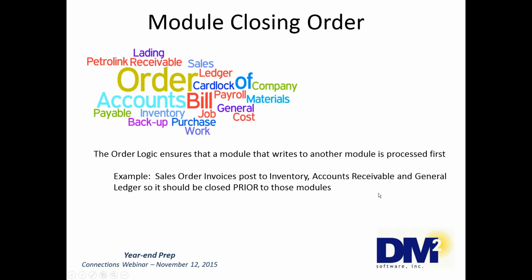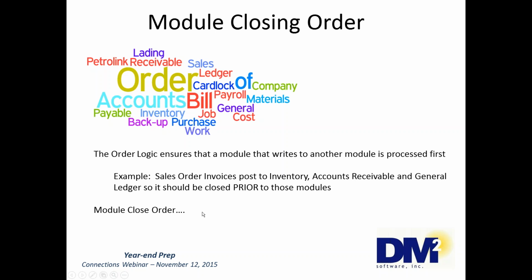I like to call it the bottom up. If you look at your menu, your list of modules, and you move from the bottom up, then you are always going to close the module in the order that it needs.